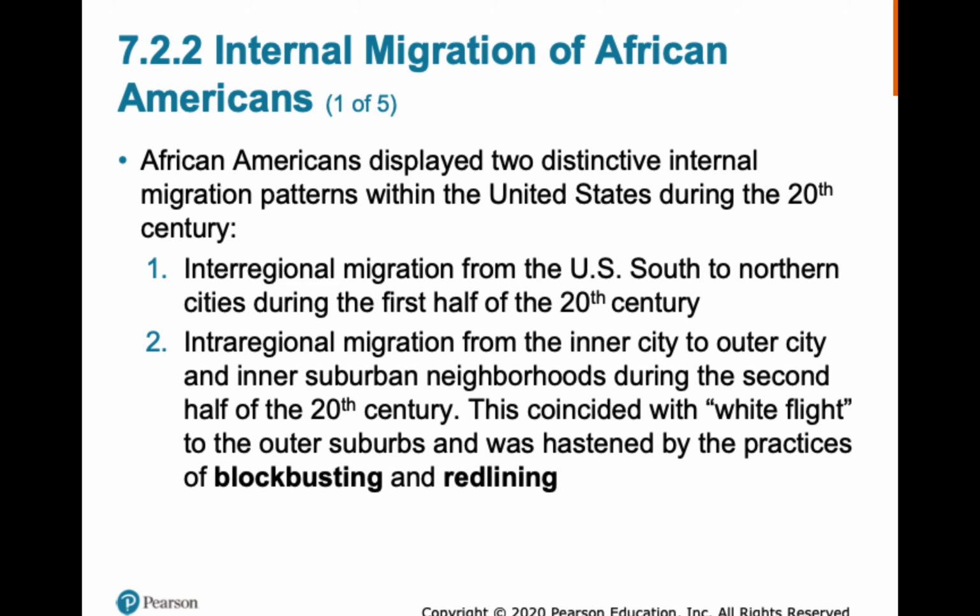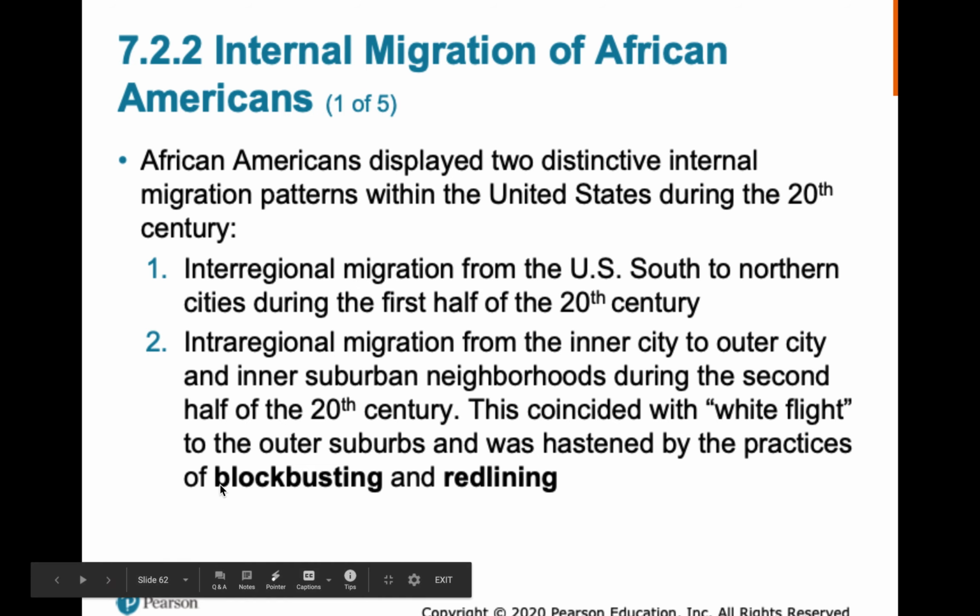And redlining is created by real estate agents that literally take out a map of an area and they draw a red line and they tell areas of the city that will not receive mortgage loans to buy houses. Redlining and blockbusting are commonly associated with systemic racism.